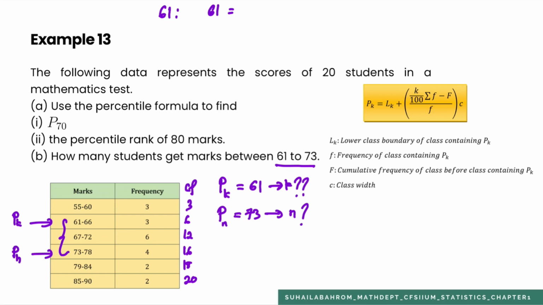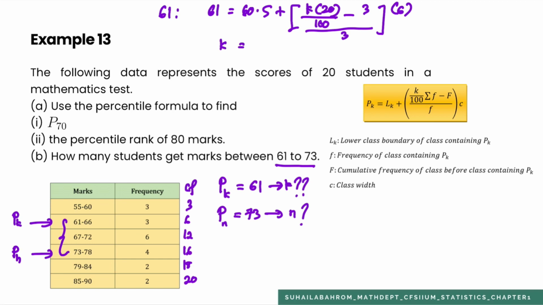So 61 is equivalent to 60.5 plus K times 20 divided by 100, minus the cumulative frequency before that class, which is 3, over the frequency of that class, which is also 3, times the class width, which is 6. From here you will get the value of K is equivalent to 70.92. But please don't round off the value of the rank yet.